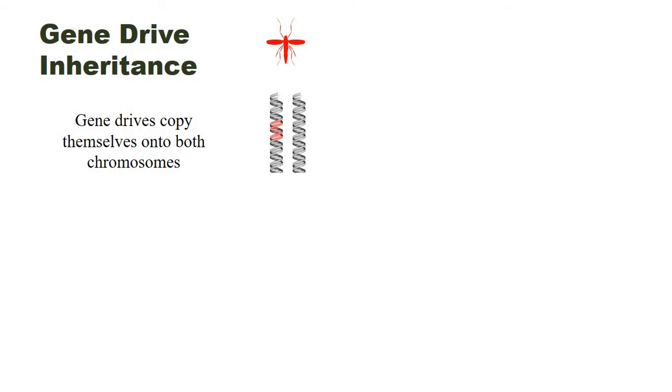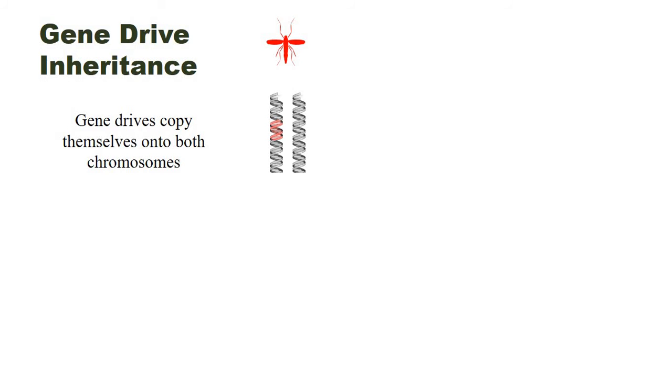Okay, so this is the concept here. If we use this homing endonuclease gene as a gene drive, these gene drives will copy themselves onto both chromosomes. So you only need organisms that have one copy. You have organisms with the homing endonuclease gene.